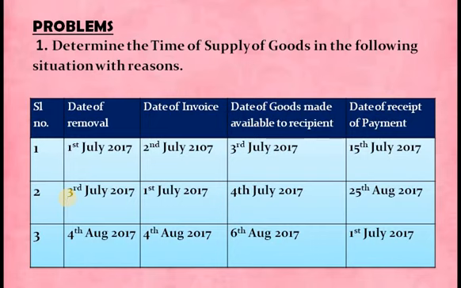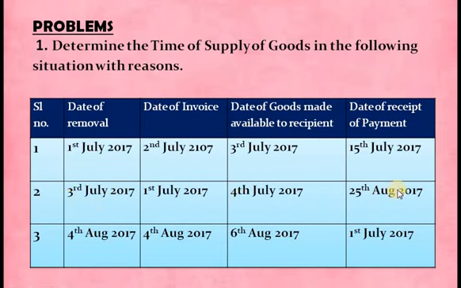From that time only the time of supply has started. So in the first case, the time of supply is the date of removal, that is 1st July 2017, because the date of removal has taken place prior to the date of invoice, date of payment, or date of availability to the recipient.